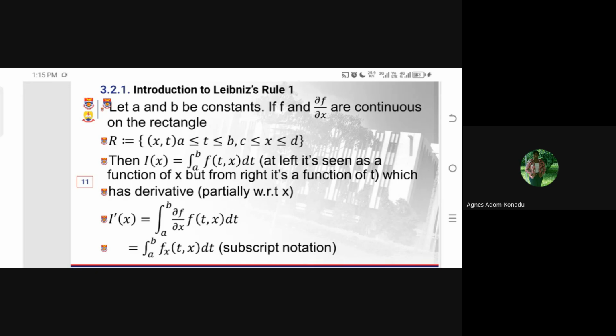You find the partial derivative with respect to x. Remember that the question asks for the derivative with respect to x, so your partial derivative should first of all be in x so that your integral will be in the other variable. So we have an example to explain this. Please hold on.